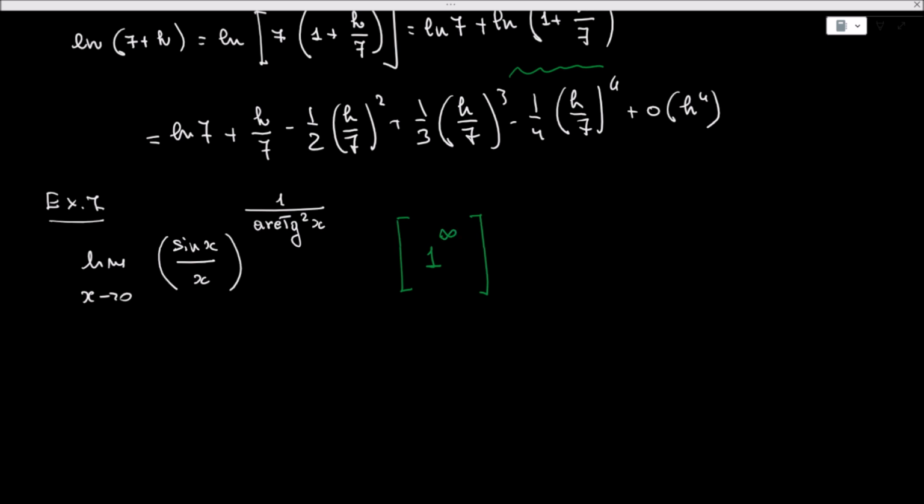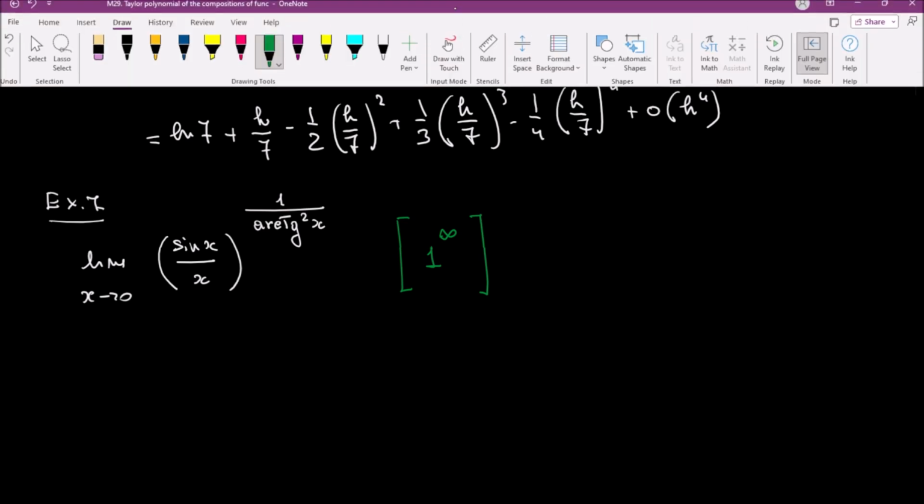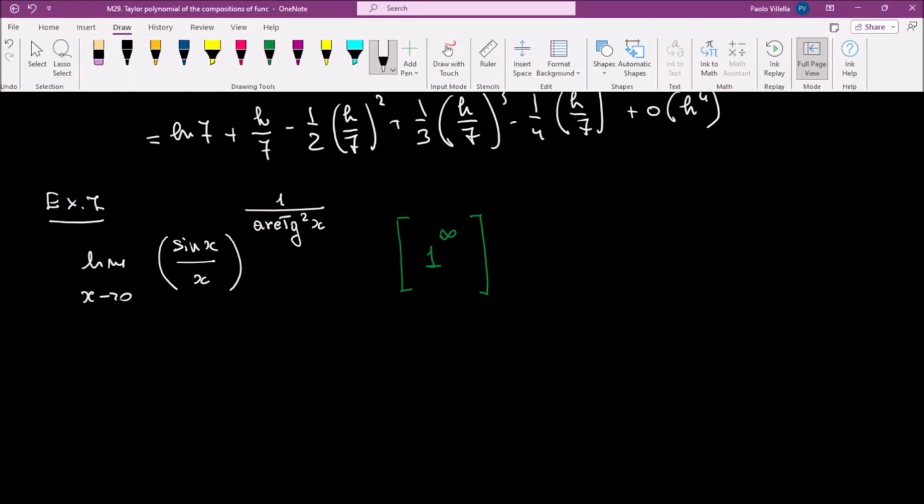Okay, so we need to devise a new method for solving the limit, and we know that whenever we have f of x raised to the g of x, we will resort to the exponential transformation, which works this way.